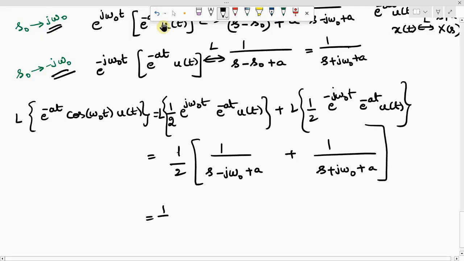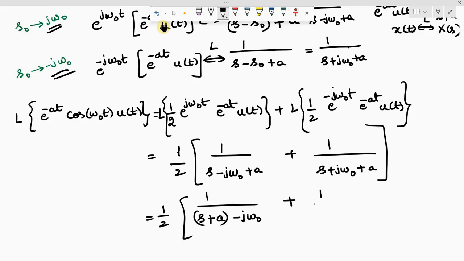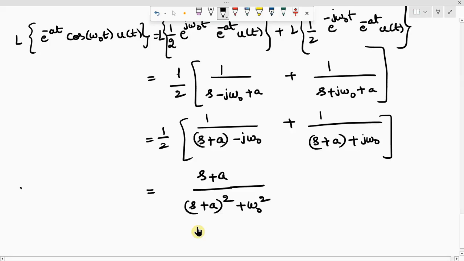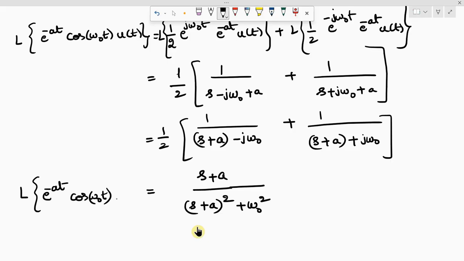But here we have to properly arrange this in the form 1 by s plus a minus j omega naught plus 1 by s plus a plus j omega naught. Please simplify this and tell me the answer. s plus a by s plus a whole square plus omega naught square. Yes, that is the Laplace transform of e power of minus at cos omega naught t into u of t.